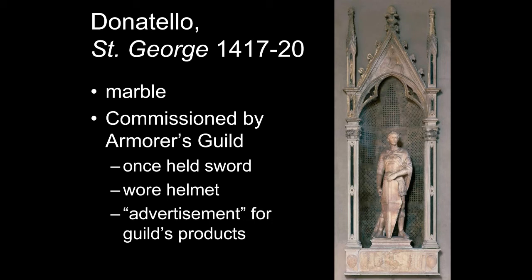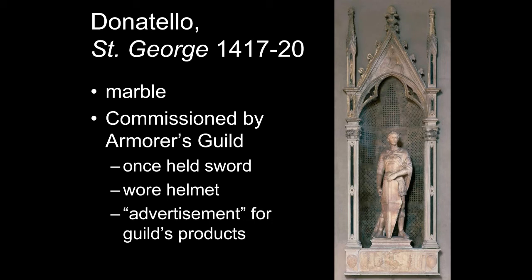The statue you're looking at is the Saint George by Donatello. Saint George, of course, was a warrior saint, often shown as a knight. He's famous for killing a dragon and saving a princess.